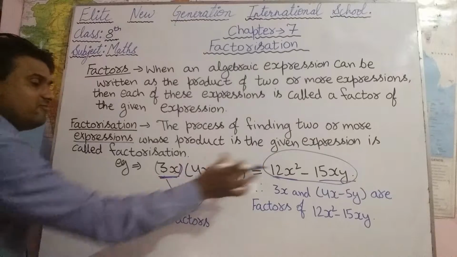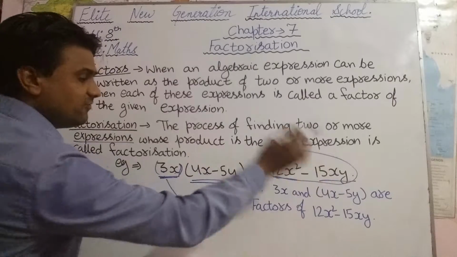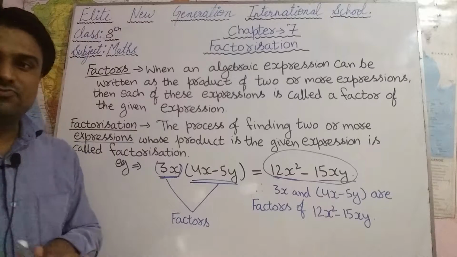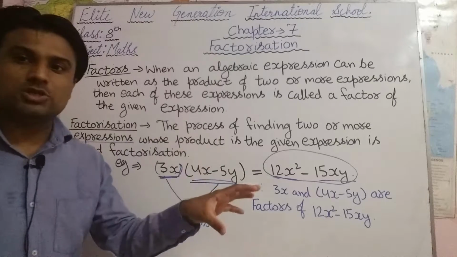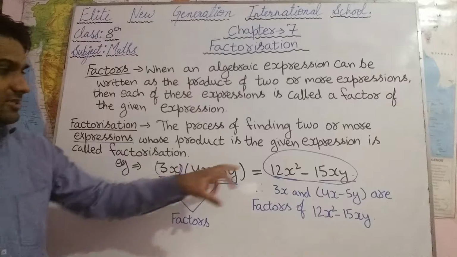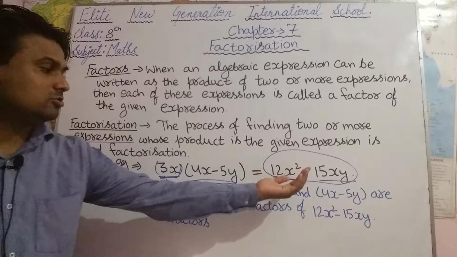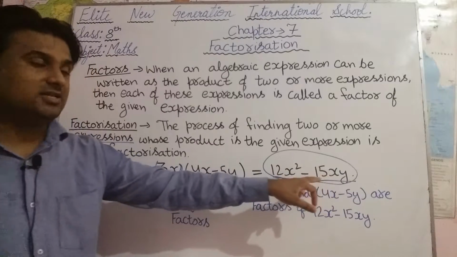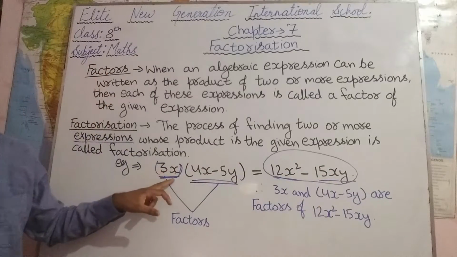So these are the factors of 12x square minus 15xy, and we can say that this process of factorization is the reverse process of multiplication. Here it is a multiplication when we take out common. So when we look at 12x square and 15xy, we can say that 3x will be the common.